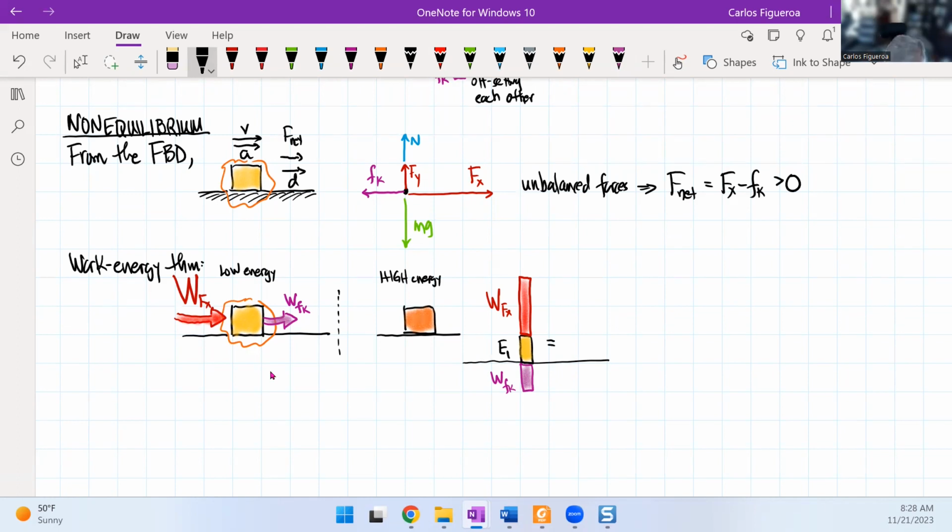And as a consequence, what this really shows me here is that I still have energy 1, but now I have a net work that's been done here. And this net work is a positive net work. And then by conservation, by the work energy theorem, the overall energy of the system has now increased to E2.